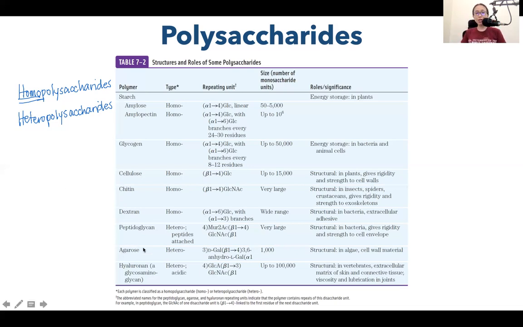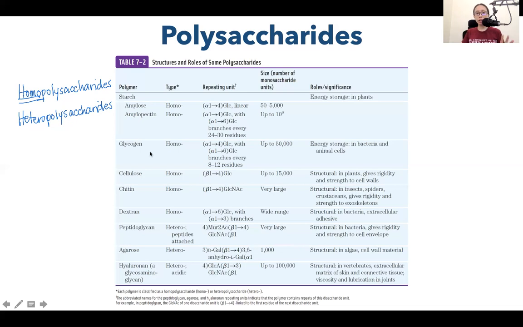Your agarose, so we have encountered agarose in the previous module. In agarose gel electrophoresis, it's also a polysaccharide. It's a heteropolysaccharide. It's made up of D-galactose with 3,6-anhydro-L-galactose, and so on. So your polysaccharides have a wide variety of functions.